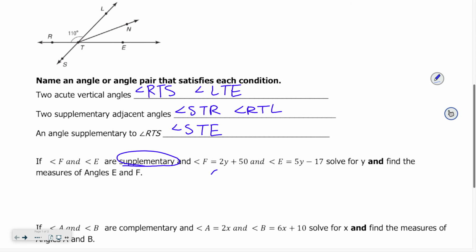So 2y plus 50 plus 5y minus 17 equals 180. As soon as I see supplementary, I should be thinking set equal to 180.